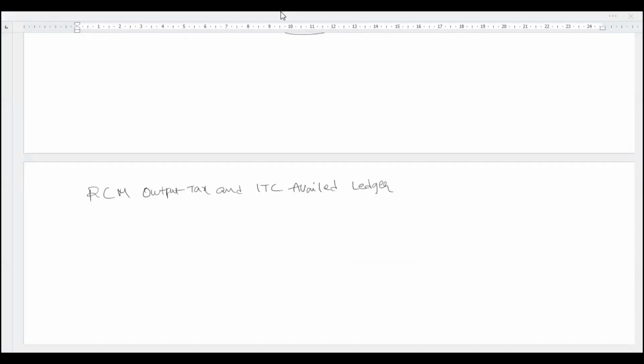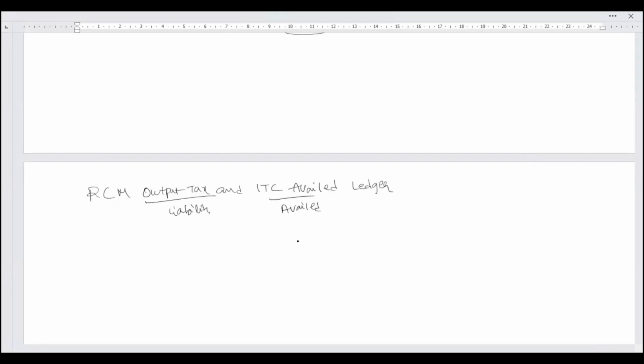They gave a name: ITC RCM ledger, the RCM liability ITC statement. This is what they were talking about. RCM liability and ITC. So what is your liability, and what is your ITC availed? This they wanted to track on a monthly basis, like your ECRCS.